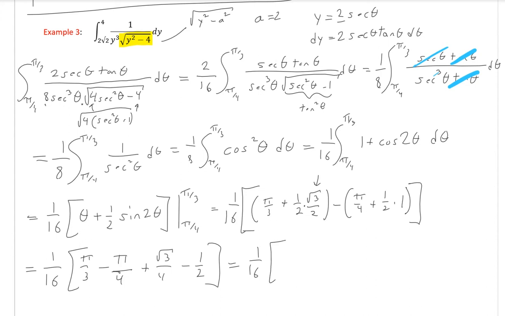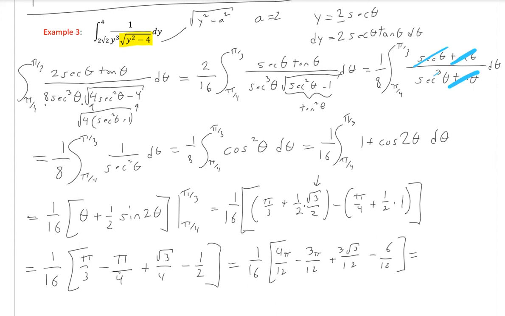See if we can put all this together. I see common denominators of 3 and 4, so the lowest one would be 12. So I have 4 pi over 12 minus 3 pi over 12 plus 3 root 3 over 12 minus 6 over 12.